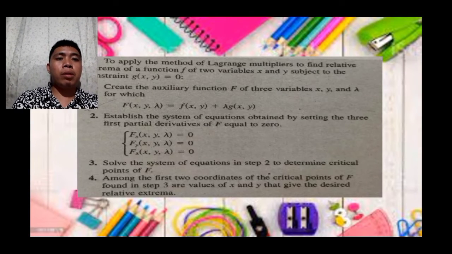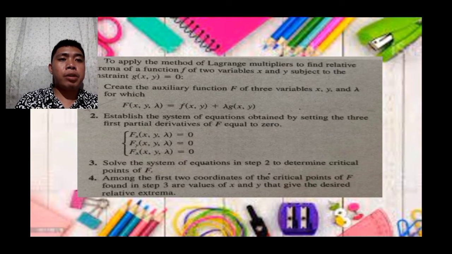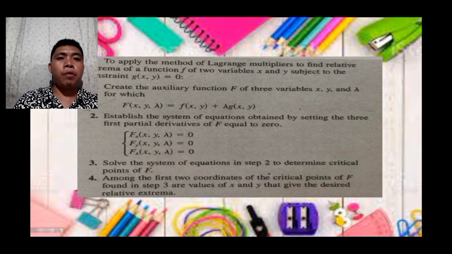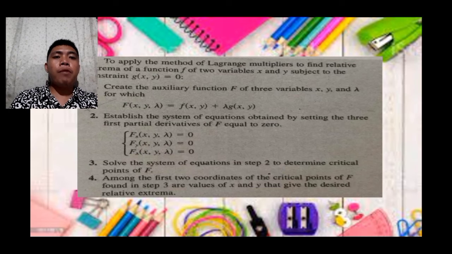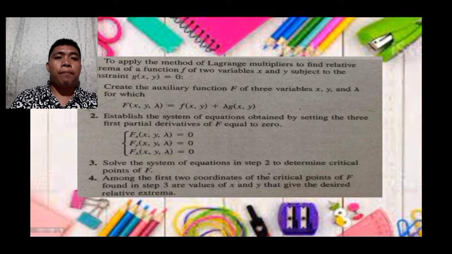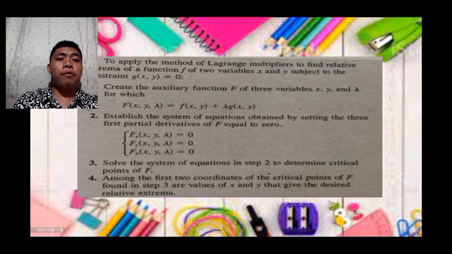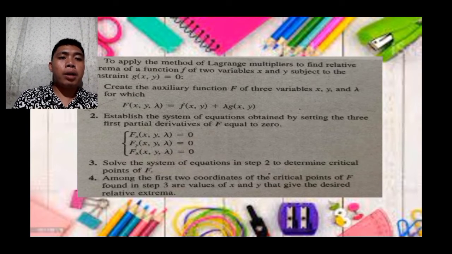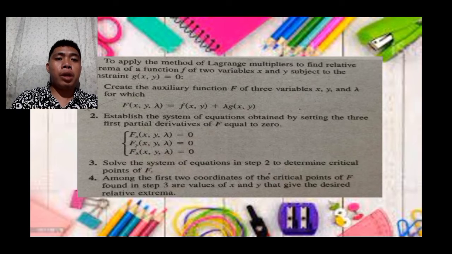To apply the method of Lagrange multipliers to find relative extrema of a function f of two variables x and y subject to the constraint g of x and y is equal to 0: First, create the auxiliary function F of three variables x, y, and lambda for which F of x, y, lambda is equal to f of x and y plus lambda g of x and y.